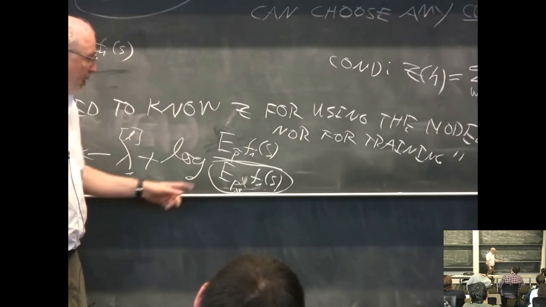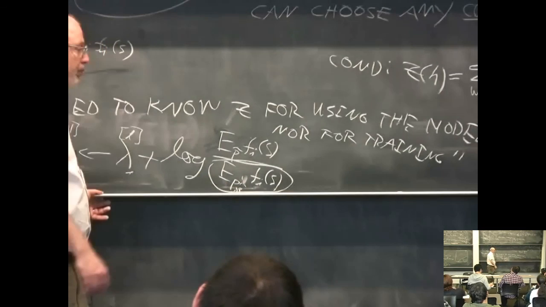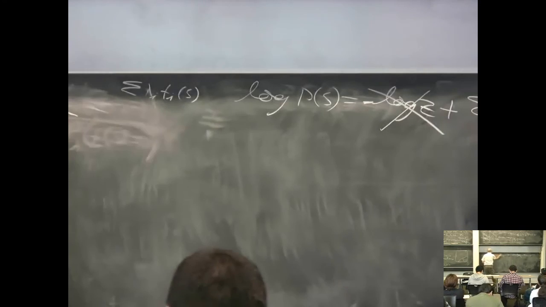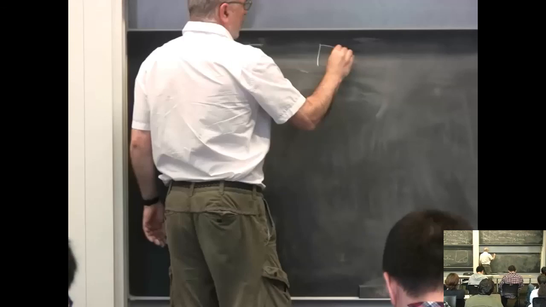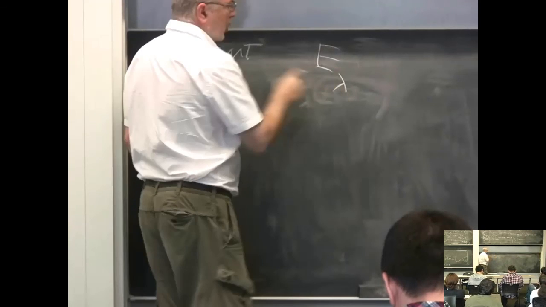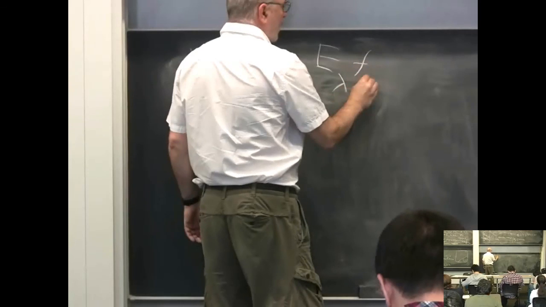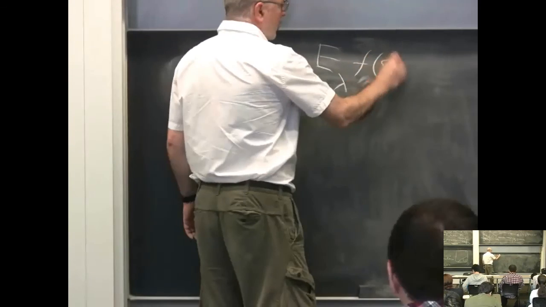So how do I solve this? This is the expectation according to my current model of a particular feature. So we want to calculate the expectation according to my current model, some given model, of a particular feature f i of a sentence.